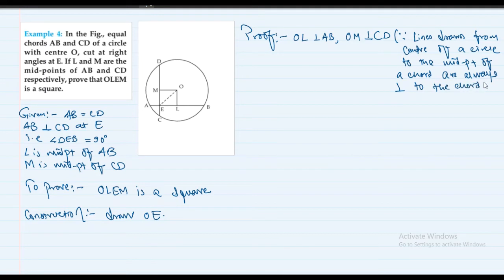The theorem. So since M is the midpoint of CD, OM will be perpendicular to CD, and since L is the midpoint of AB, OL will be perpendicular to AB.